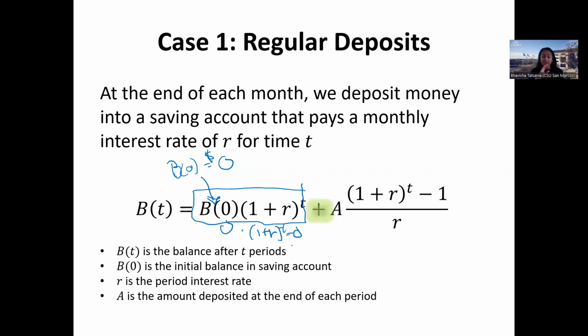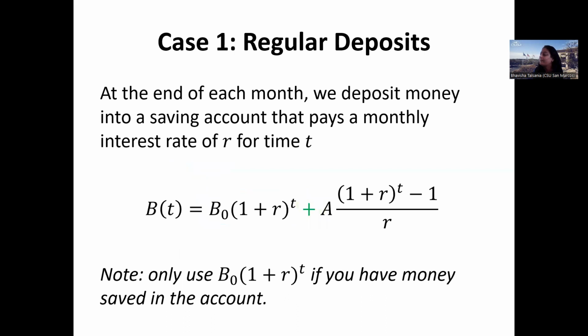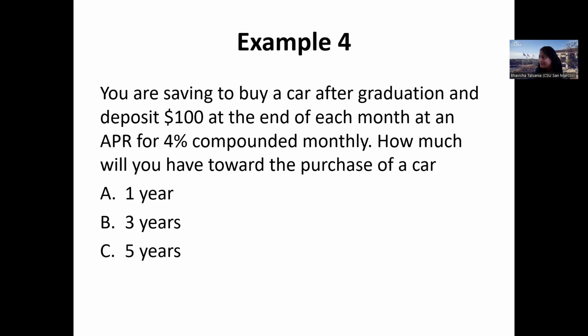However, when you bring this into your real life, whatever your balance is in your savings account, that is what you want to put in here. That is what you want to add to this equation. So just note that B sub 0 is if you had money already saved in your account.